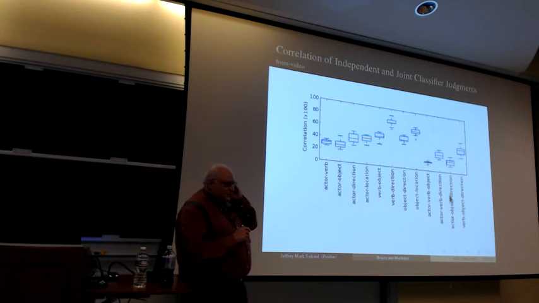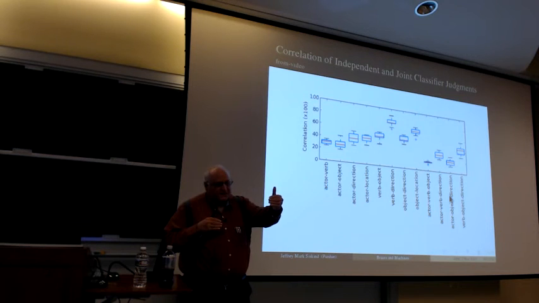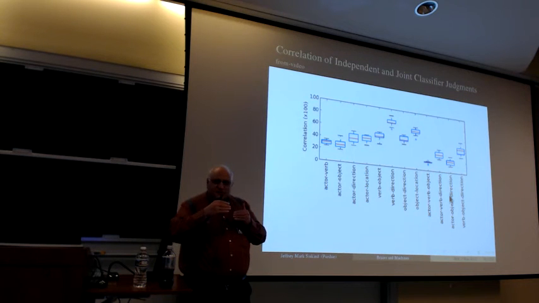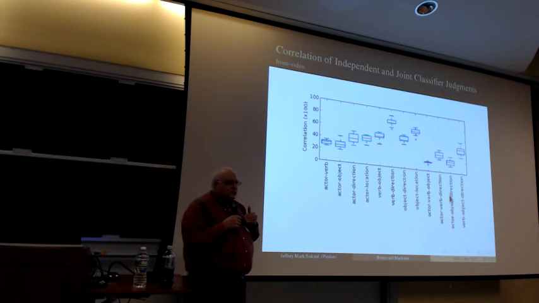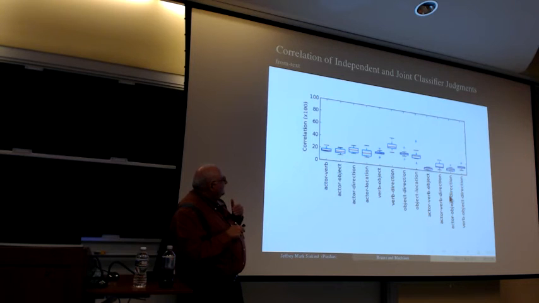But we can ask the question. We have a stream of judgments produced by the independent classifiers and a stream of judgments produced by the joint classifiers. To what degree do these correlate? And it's very, very high. For text, for video, cross-modally from video to text and cross-modally from text to video.